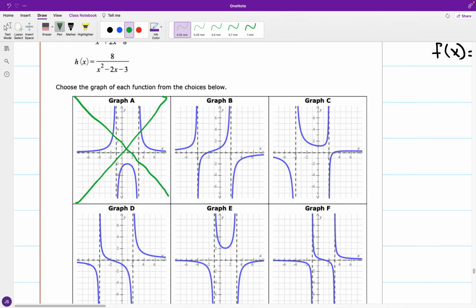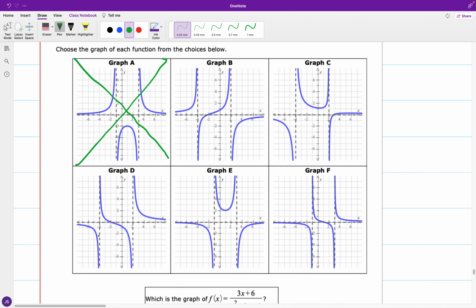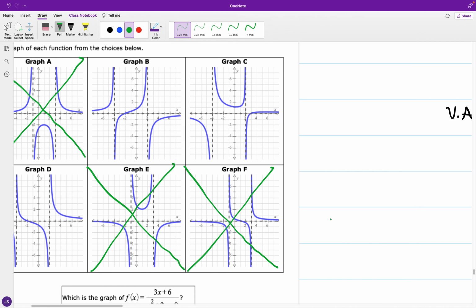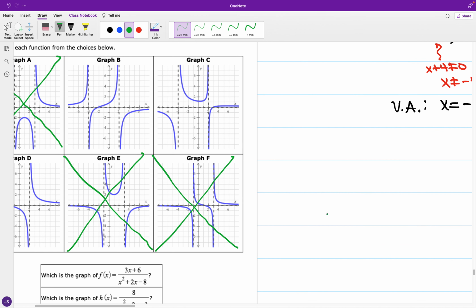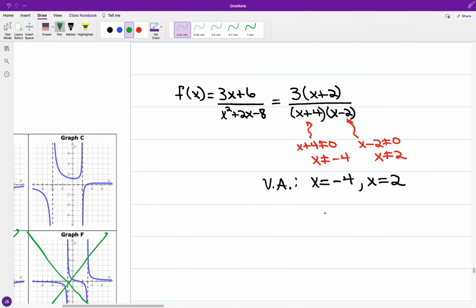Graph B has those, so does C, and D, but graph E as well as graph F don't have those vertical asymptotes. So A, E, and F go out, and we have B, C, and D in the running.